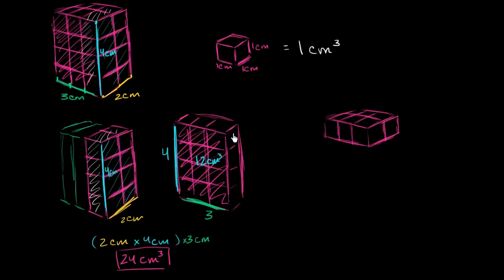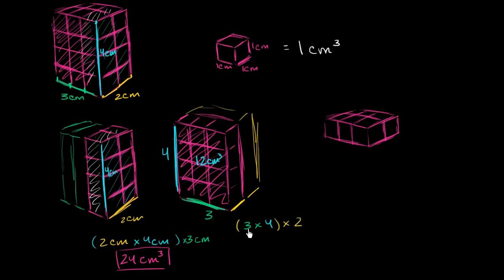And so how many slices do we need like this in order to construct the original figure? Well, it's 2 centimeters deep. This is only 1 centimeter deep, so we need 2 of them to construct the original figure. So we can essentially find the area of that first surface, which was 3 times 4, and then multiply that times how many of those slices you need, so times 2.